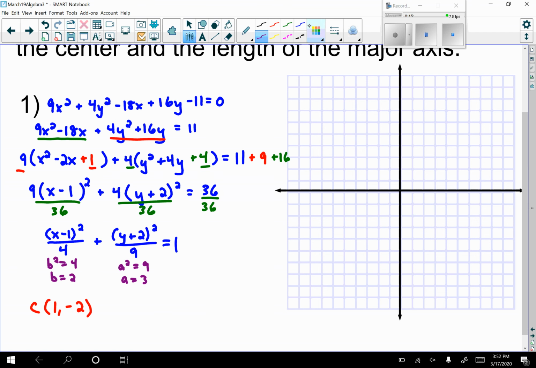So my center is at (1, -2). Because a squared, the larger number, is the second denominator, we're going to have an ellipse where the major axis is vertical. So this means I'm going to count up 3 and down 3. And then I'm going to count 2 to the right and 2 to the left, and then draw our ellipse.